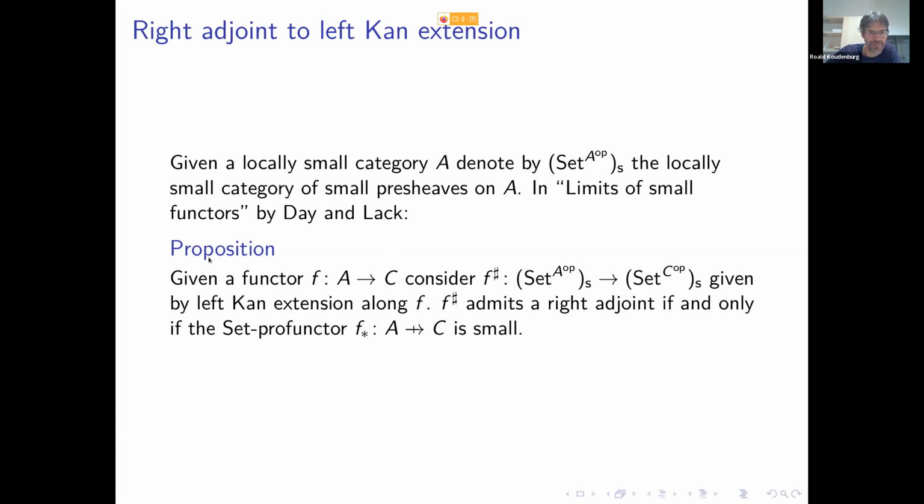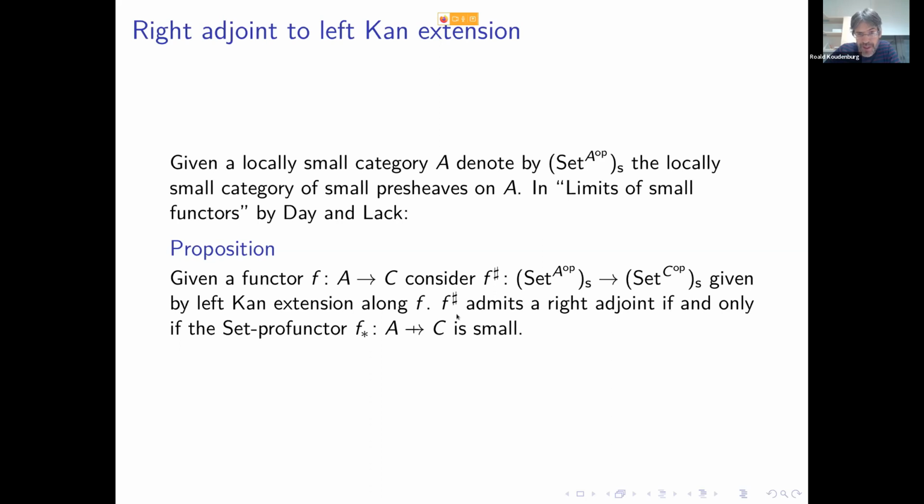Then you have this straightforward result that you can find in Limits of small functors by Day in Lack. It considers a functor F between locally small categories, and then considers the induced functor between small pre-sheaf categories given by left Kan extending small pre-sheaves along F. You can always do that; the functor that I've called F sharp always exists.